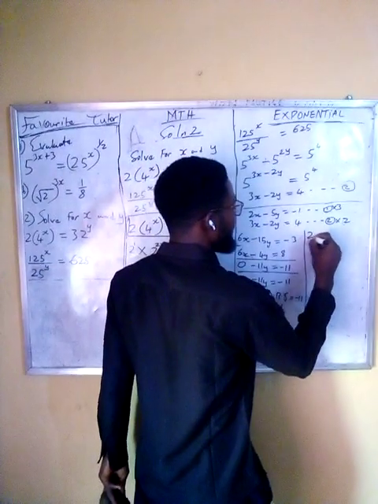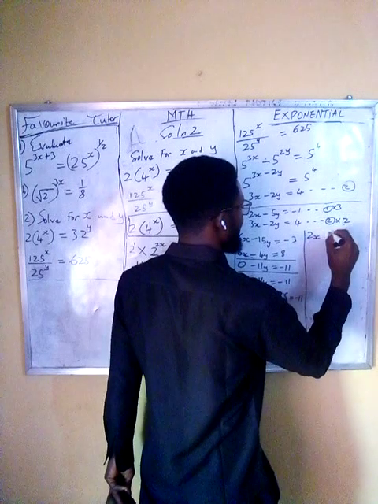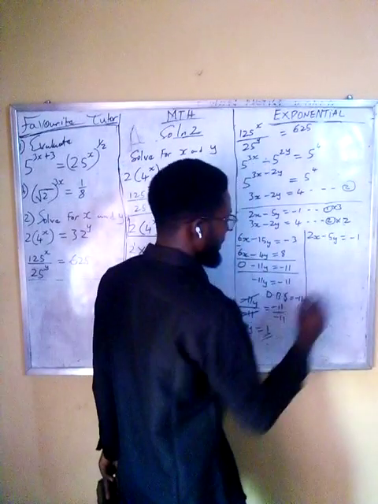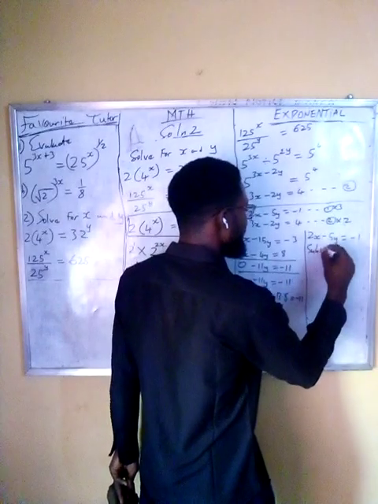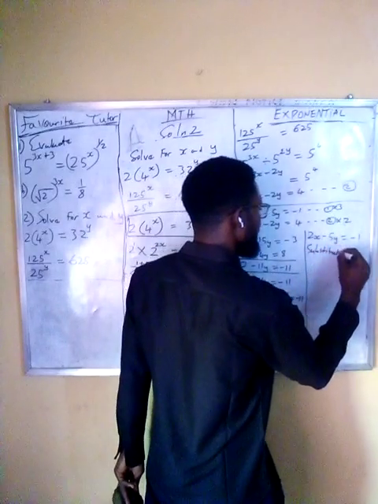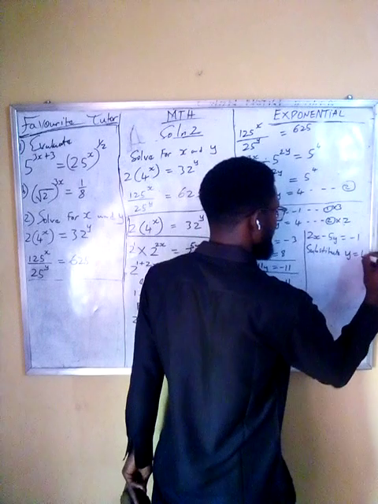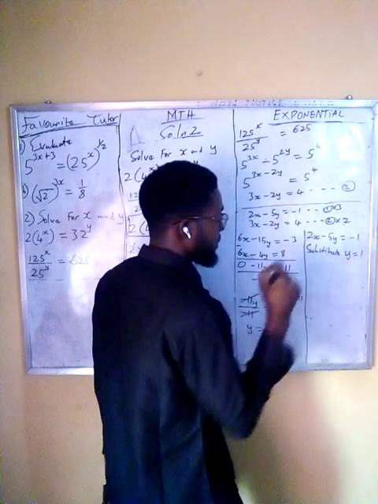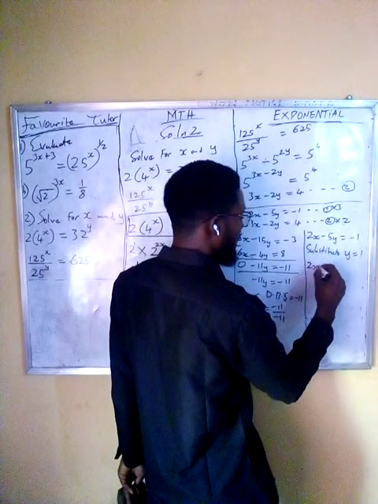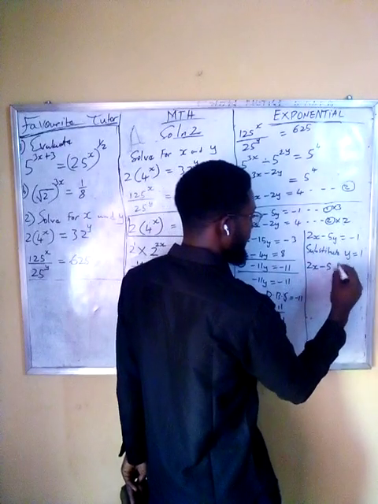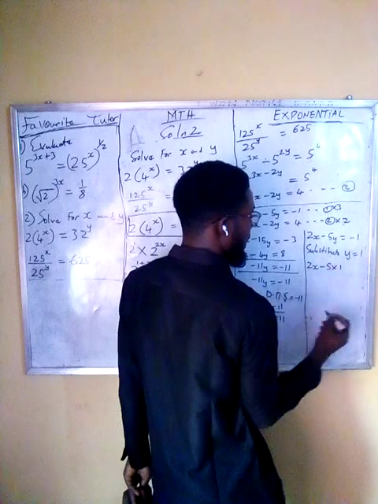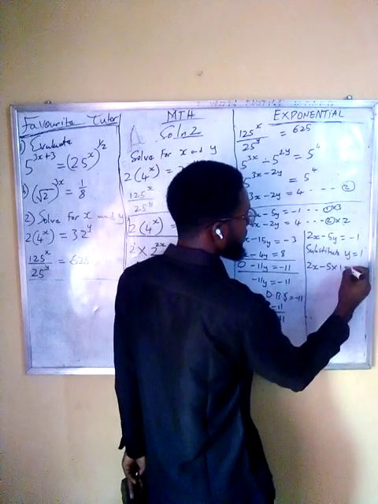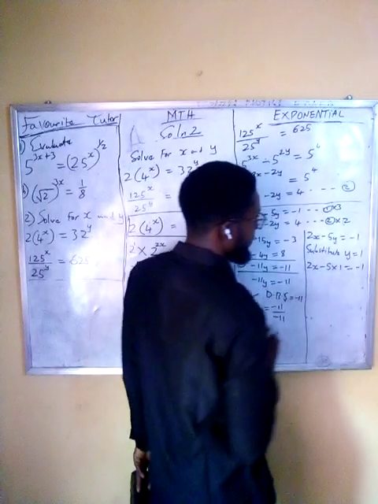Equation 1 is 2x minus 5y equals minus 1. Substitute y equals 1.